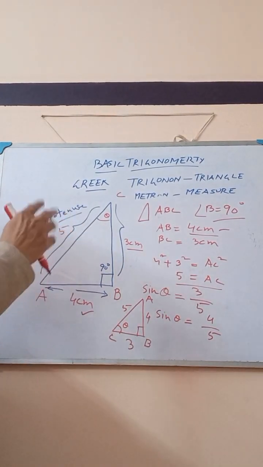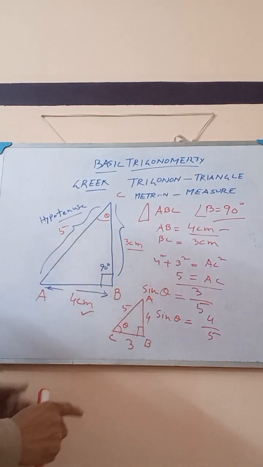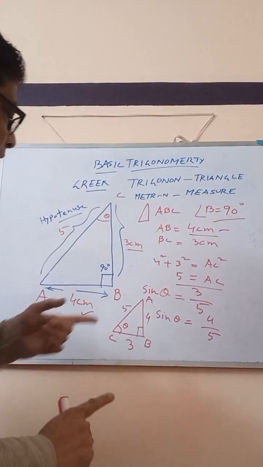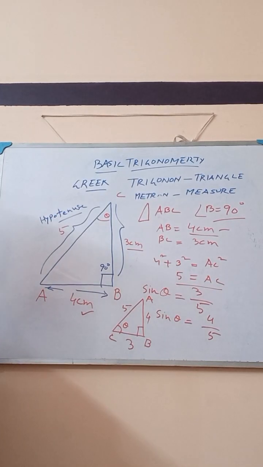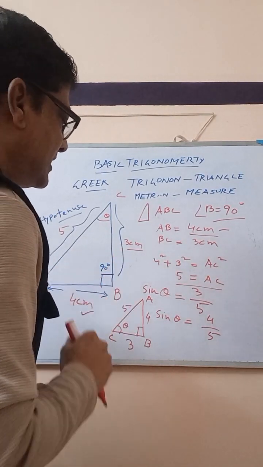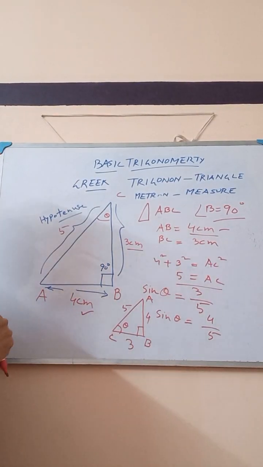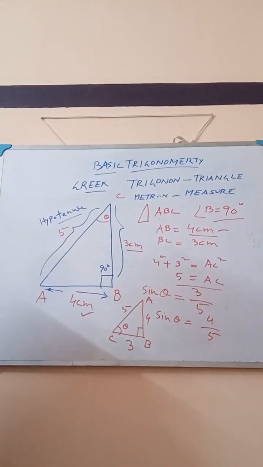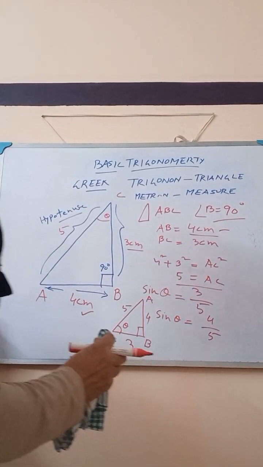Now we can follow this diagram and find the value of cos theta, tan theta, cosec theta, sec theta and cot theta. Okay. So I think you have understood the sum.